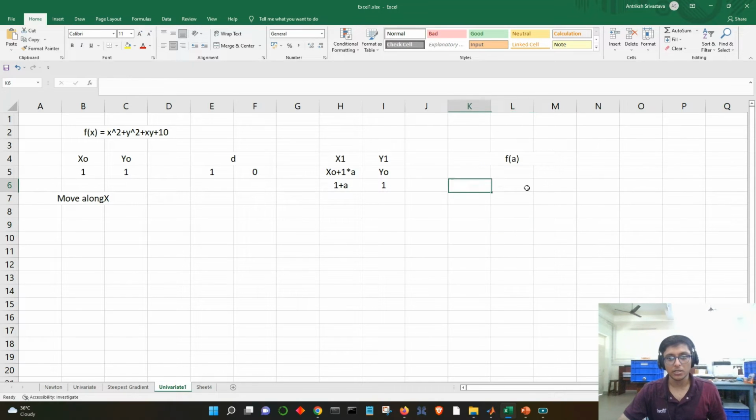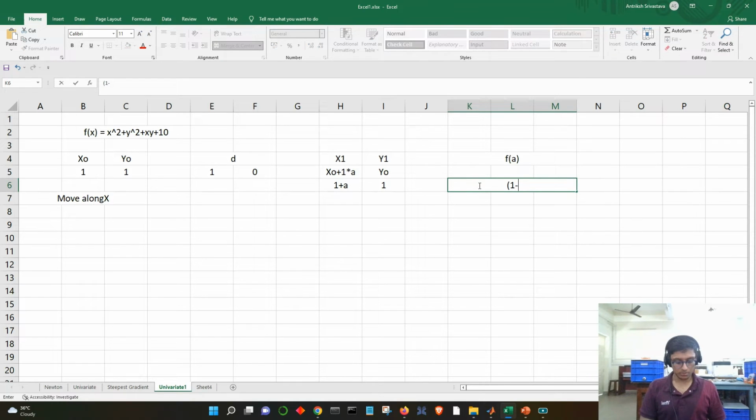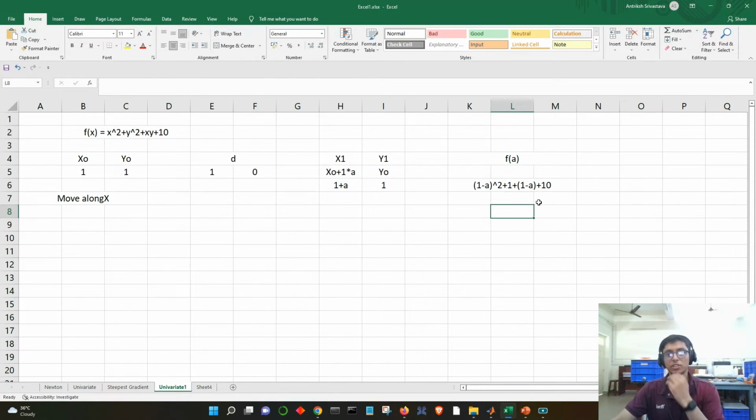So it will be (1 minus a) whole square plus 1 plus (1 minus a), plus 10. Can you guys simplify this for me and tell me what the expression will be?